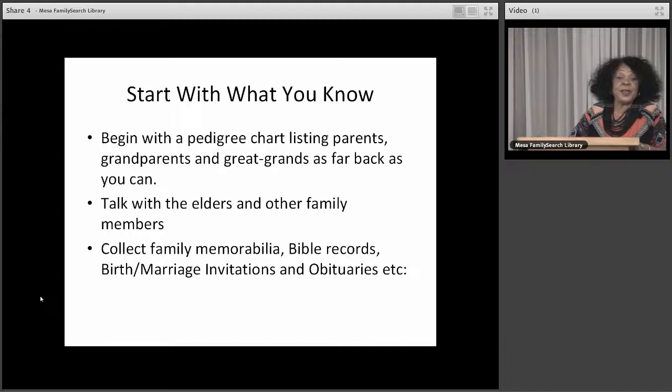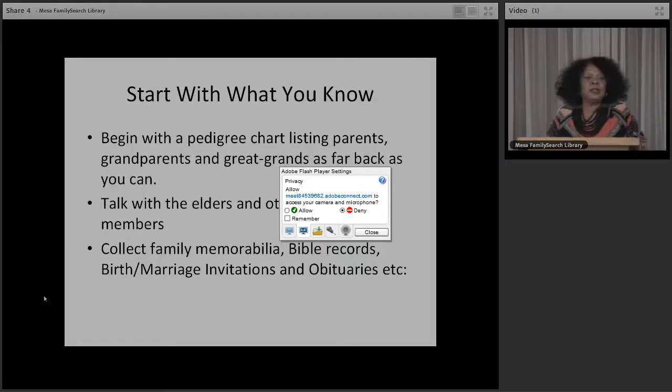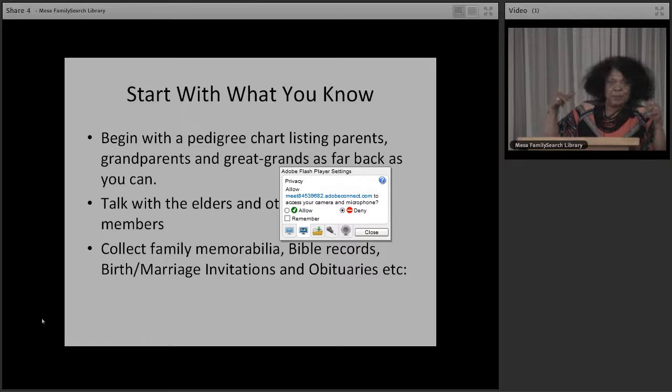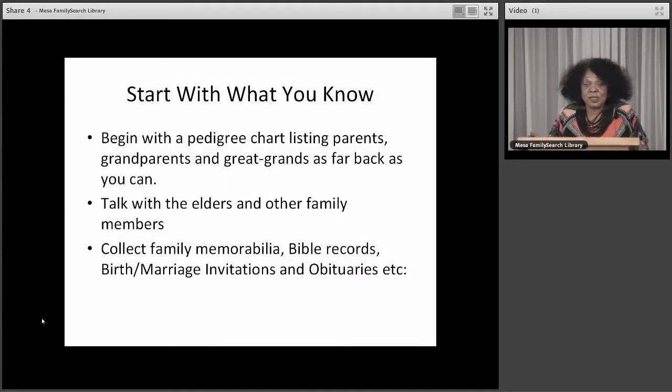You want to collect family memorabilia. I always say, go look in that old hat box, the one with the family papers, all the old graduation announcements and wedding invitations and birth announcements. These things are very relevant to our research.